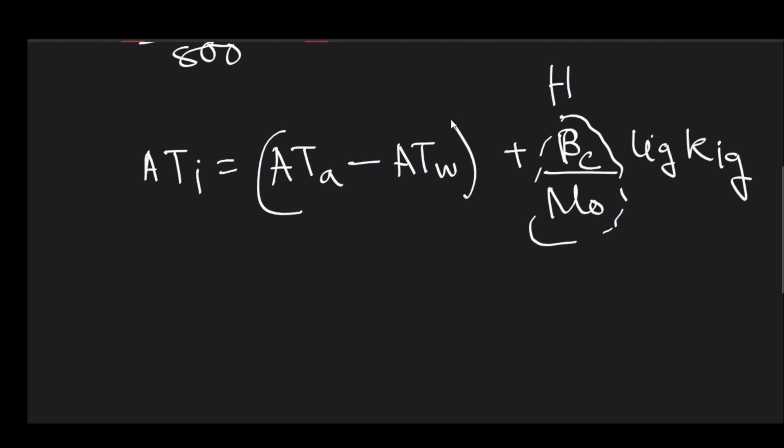This gives us H, that is ampere turn per meter. Now, if you multiply with this Lg, that is the unit of length, you will get ampere turn, right? And this is the amount of resultant flux produced by ampere turn and compensating winding.